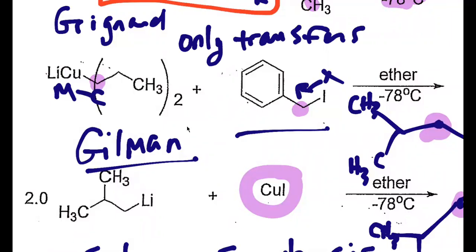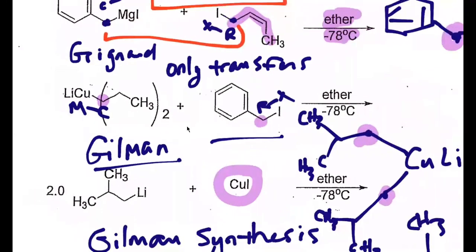That's one of the drawbacks of using it, you end up wasting one of your groups. Even when we have that two subscript, we're just taking one. Only one of those is going to transfer to RX. Is that only with the Gilman? Gilman? Okay.